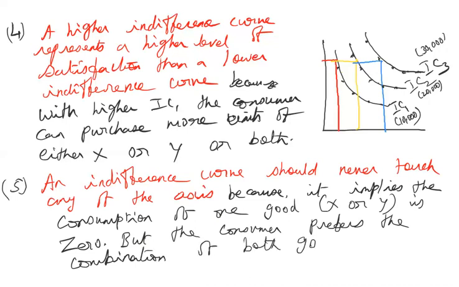That means what? It should not be that one good is zero. The consumer wants the combination of both goods, X and Y. Okay, so that's why it should never touch any of the axes.